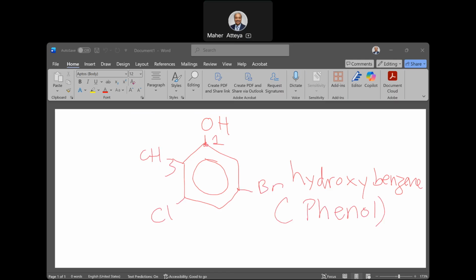Now, you can number the benzene ring from left to right, or from right to left. The number 1 we know, but the numbering will be controlled by the alphabet. Here we have B, here we have C, and here M, methyl. So the bromo will win, so 2, 3. The bromo will be given priority over the chloro.